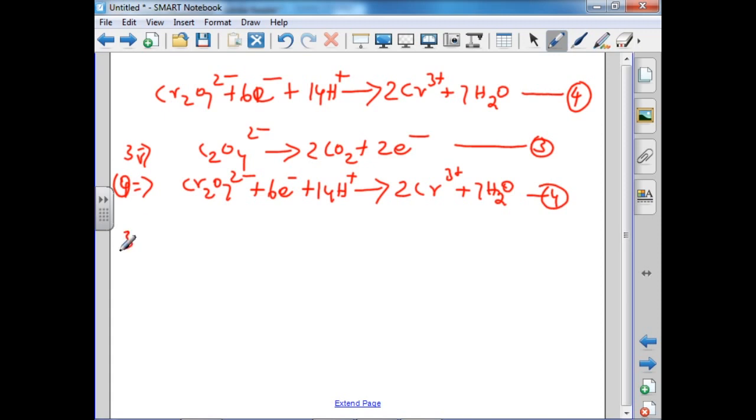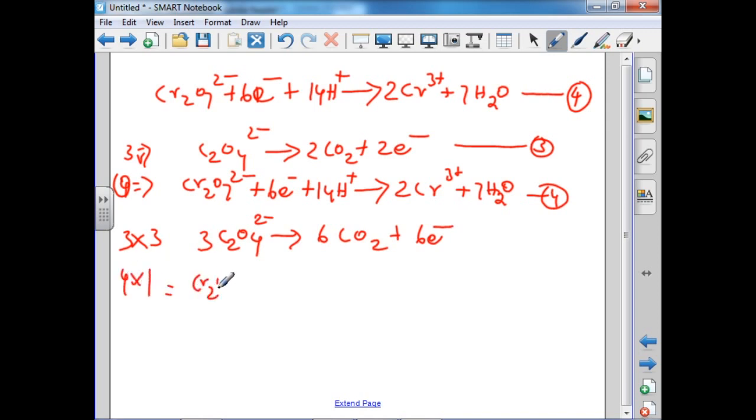So equation number 3 is multiplied by 3. 3C2O4 2 minus gives 6CO2 plus 6 electron. Then equation number 4 is multiplied by 1. Cr2O7 2 minus plus 6 electron plus 14H plus gives 2Cr3 plus plus 7 H2O.